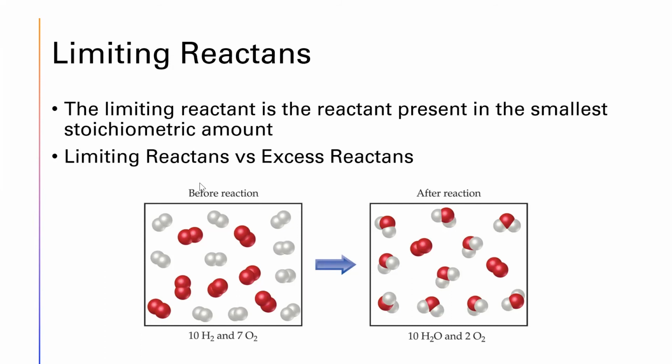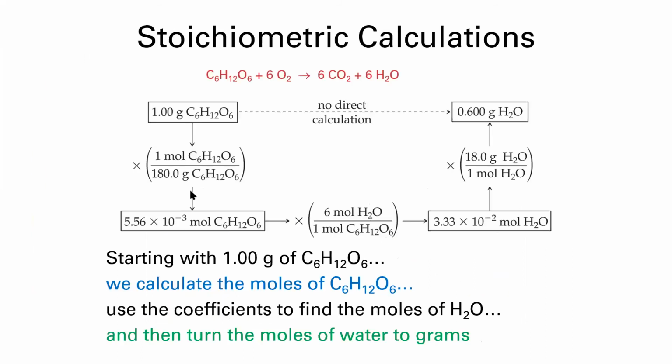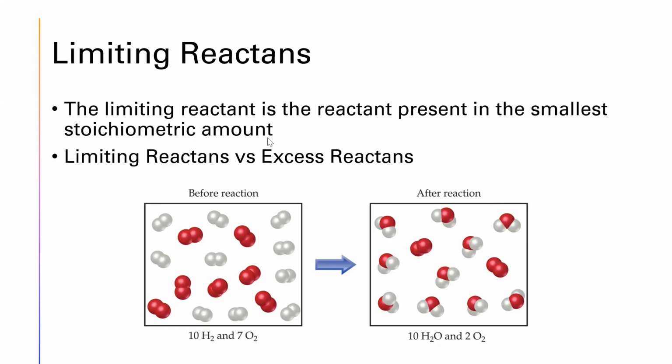And the main point to calculate the limiting reactant is the coefficient. You have to be aware of the coefficient, because the limiting reactant is not always the reactant with the smallest coefficient.